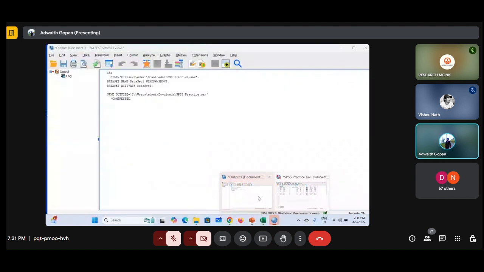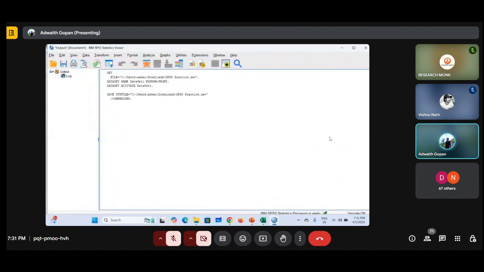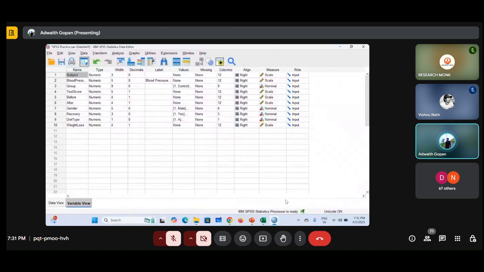One is the output window, where you will get all the results, and the other is the variable view or the data view, where you can do all the analysis. We will do all the operations from this interface, and we will interpret the results from the output interface.